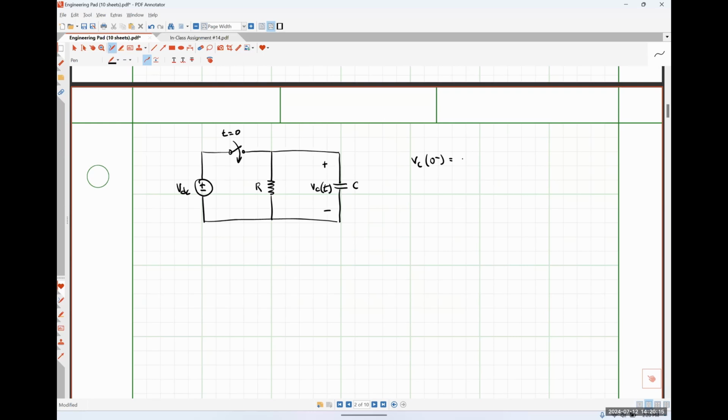Would you care to explain your reasoning? If the switch is open before 0, then the capacitor has no charge. Exactly right. We started off in a state where our voltage source was disconnected from our capacitor, so there's no way it can have any charge on it. Perfectly acceptable explanation. Thank you, Joey.